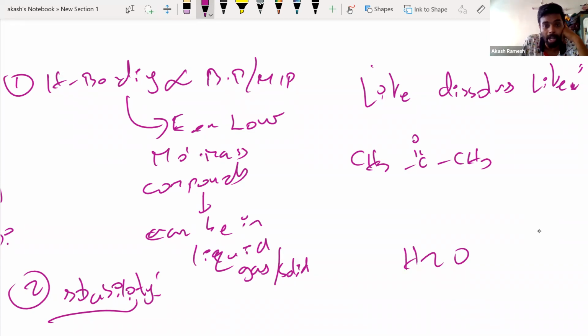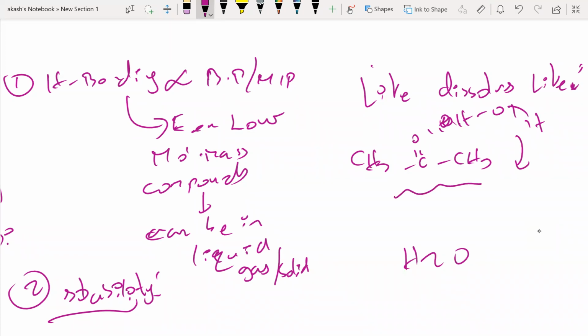But due to hydrogen bonding, which is possible here, they can form a very good solution. Acetone is highly dissolved in water, not because it is polar, but because it can form hydrogen bonds.